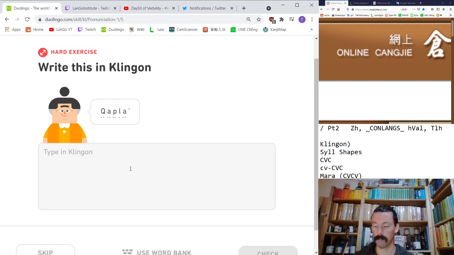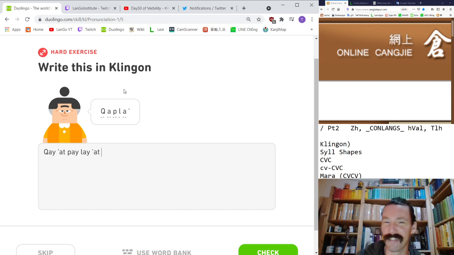Okay, the letters Q is going to be Chi, At for A, P, Pi, Lie, At, and the thing. Help me out. What was the name for the glottal stop? It's not underlined.